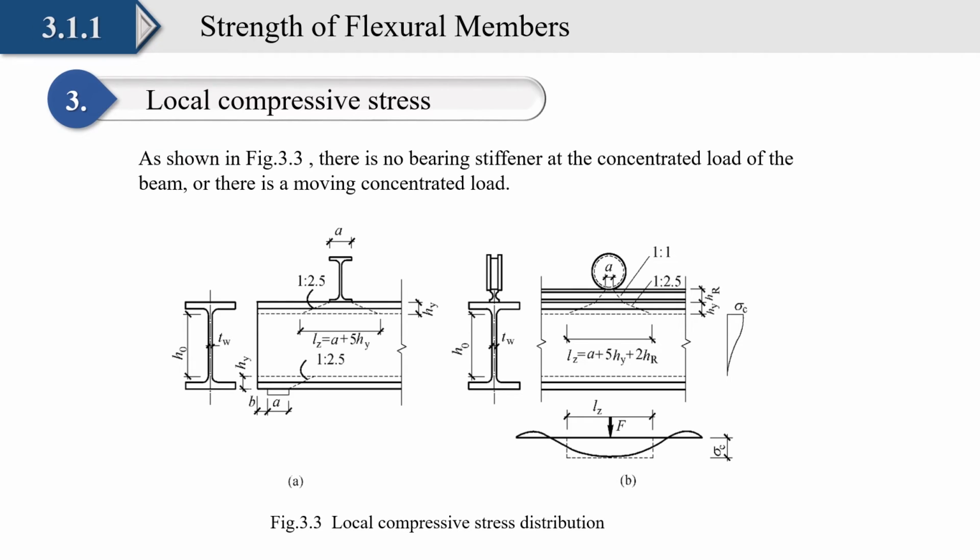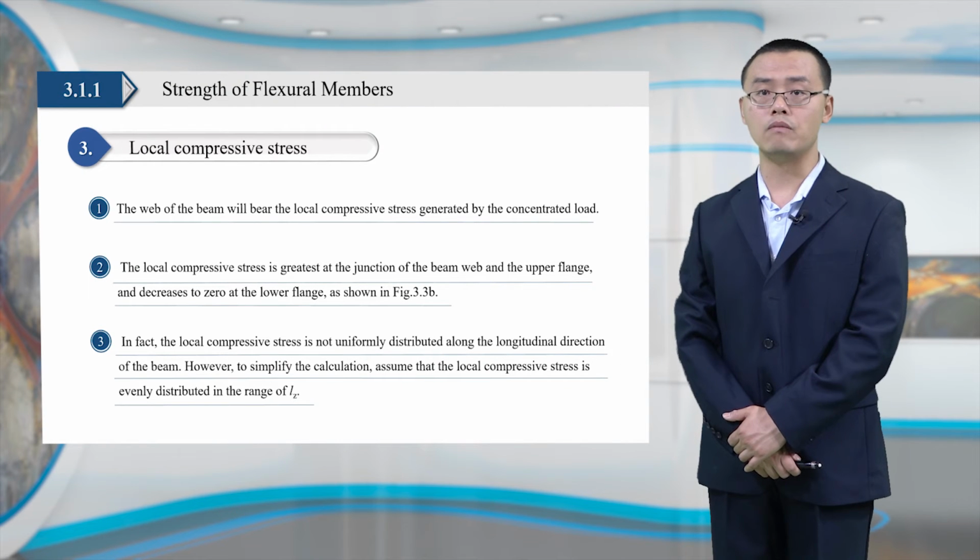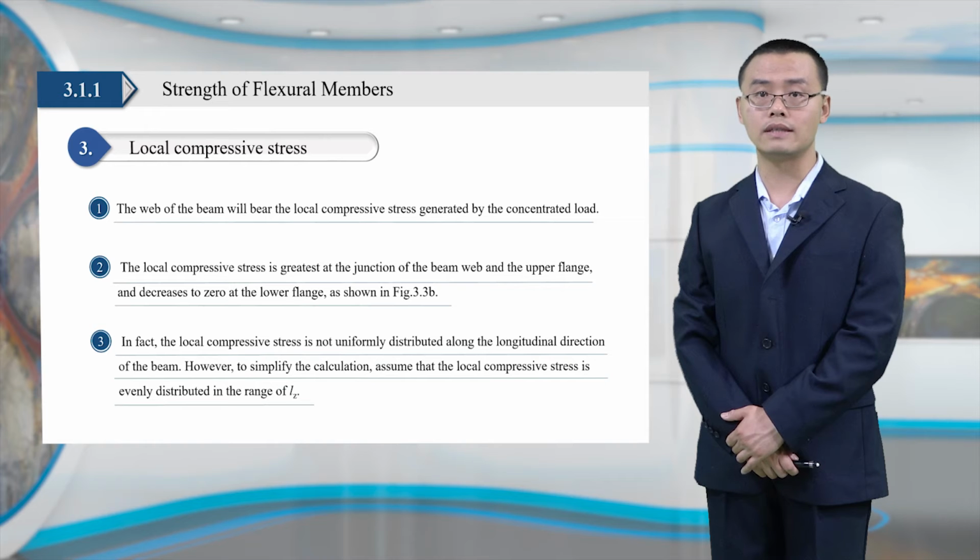Let's look at local compressive stress, as shown in figure 3.3, which shows the local compressive stress distribution. There is no bearing stiffener at the concentrated load of the beam, or there is a moving concentrated load. The web of the beam will bear the local compressive stress generated by the concentrated load.